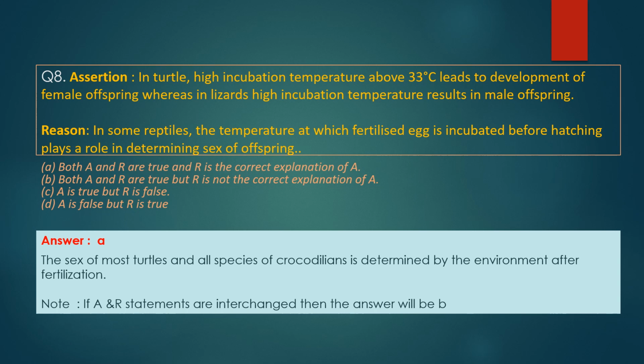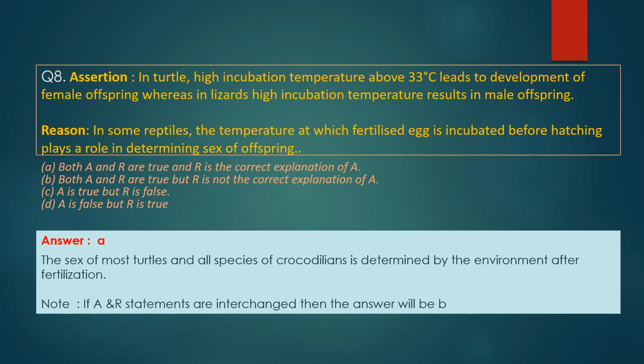Assertion: In turtles, high incubation temperature above 33 degrees leads to the development of female offspring, whereas in lizards, high incubation temperature results in male offspring. Reason: In some reptiles, the temperature at which the fertilized egg is incubated before hatching plays a role in determining the sex of the offspring.